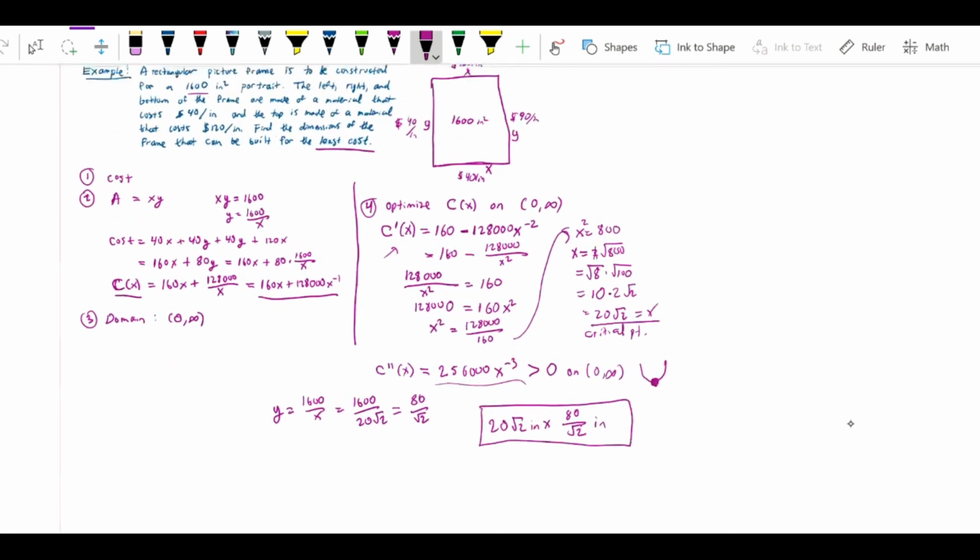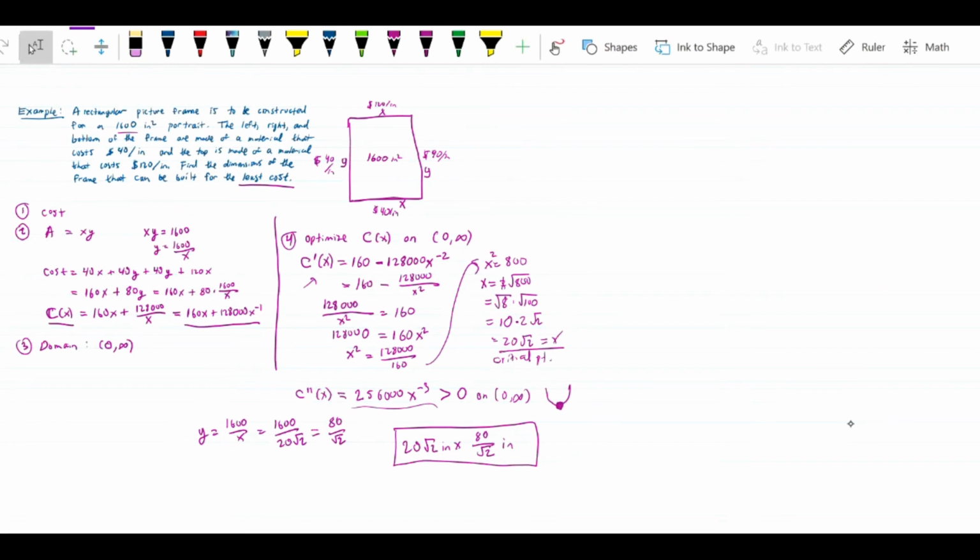Those are the dimensions, where this is the x and this is the y; the x is the horizontal and the y is the vertical. So the dimensions of the picture frame we want to make are 20 root 2 inches by 80 over root 2 inches, and that will be the picture frame that we can construct for the least cost.